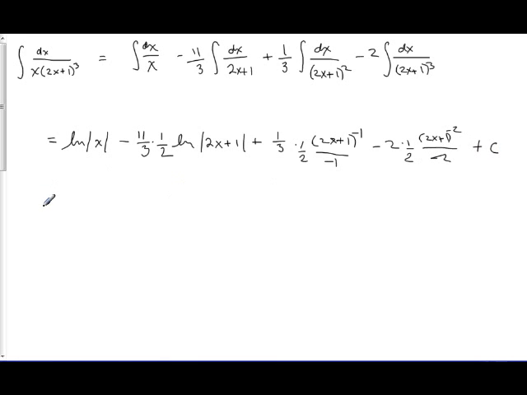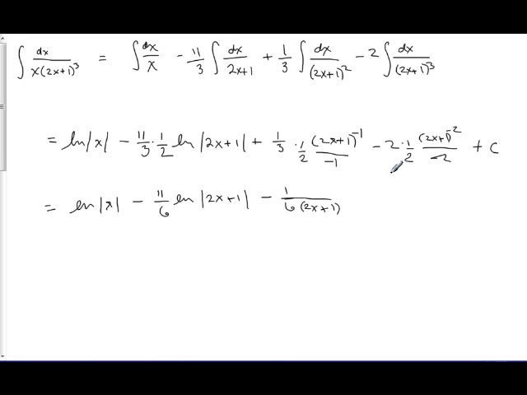So let's just simplify that, and we're done. ln of x minus 11/6 ln of 2x plus 1 minus 1/6 times 2x plus 1.